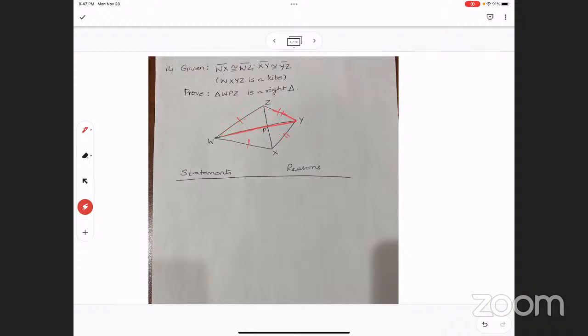It's equal by reflexive property. Yeah, they're equal to each other, right? So that's the first thing I would do, is prove that this triangle is congruent to this triangle by side, side, side. And then we would use that to find this angle.